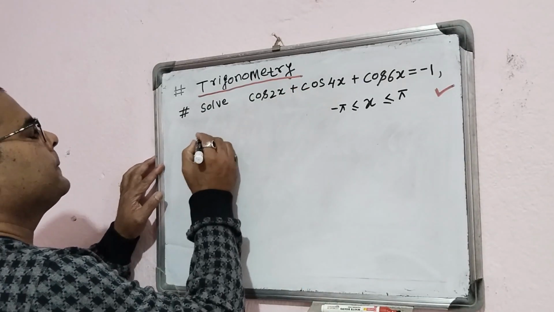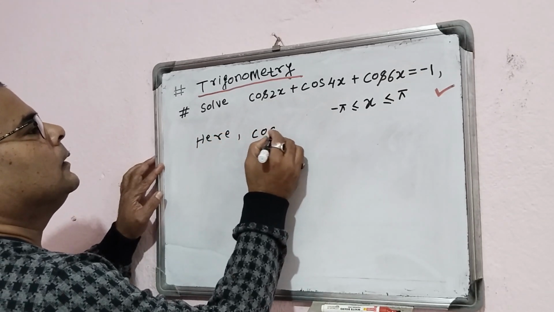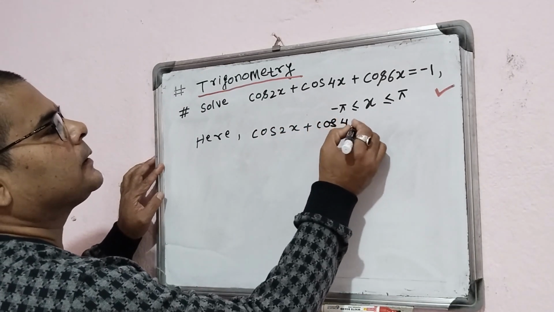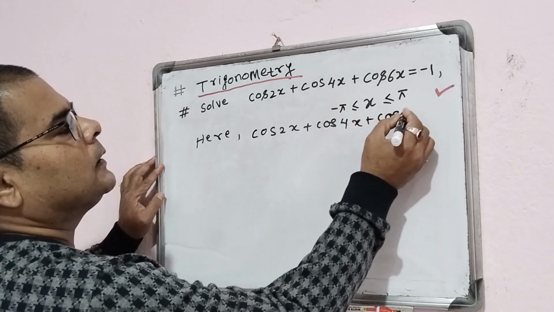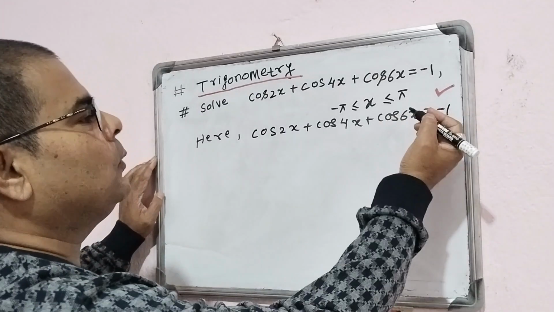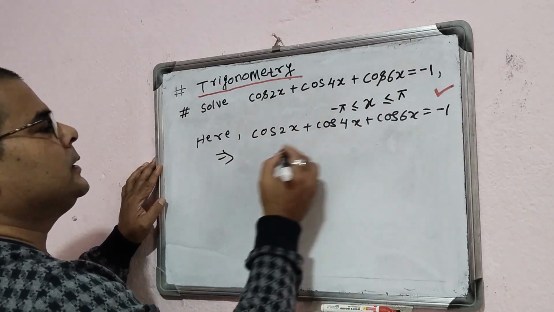So here we have cos 2x plus cos 4x plus cos 6x equal to minus 1, given. You transpose this 1 towards the left.